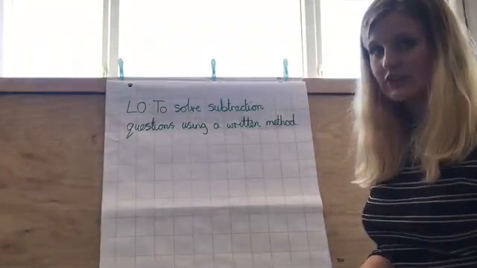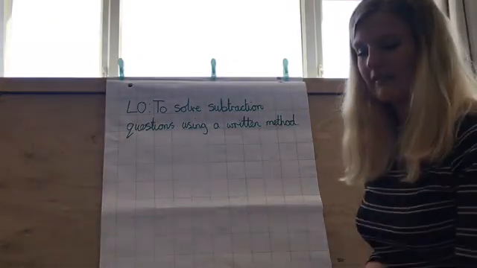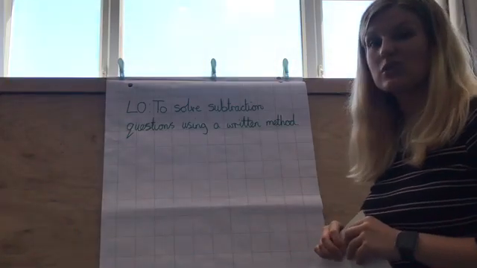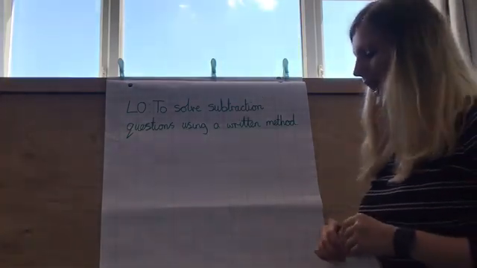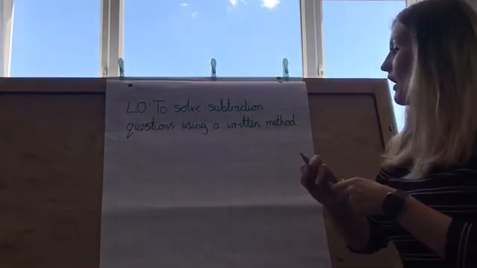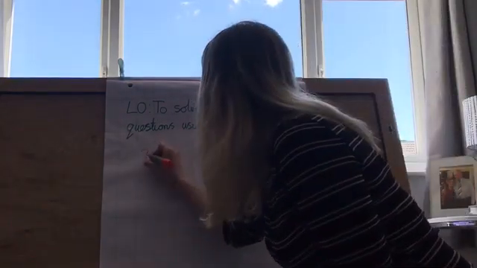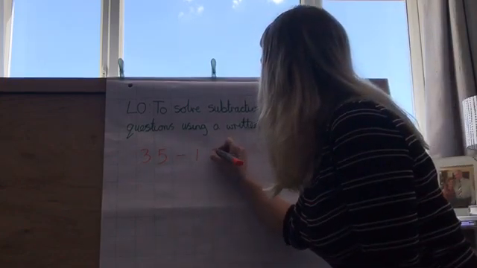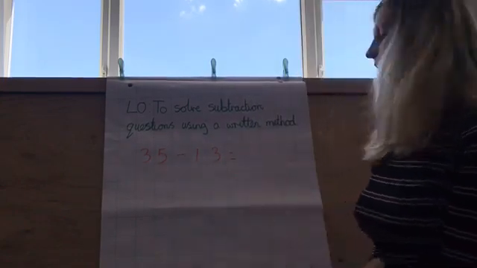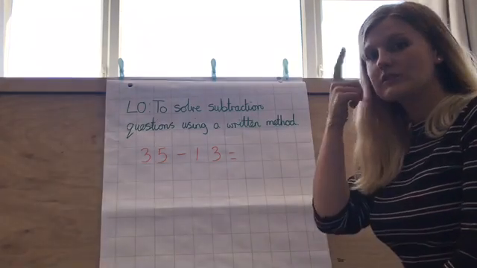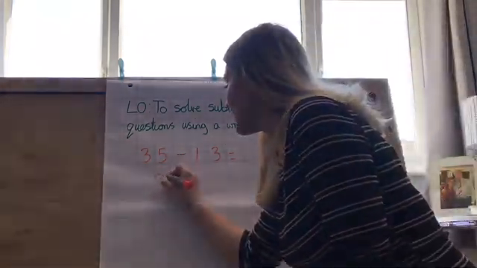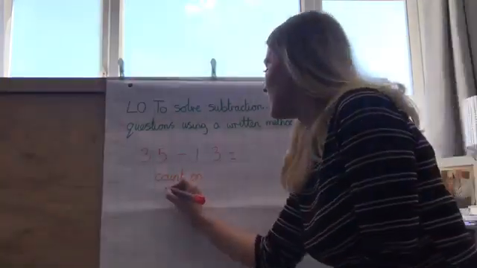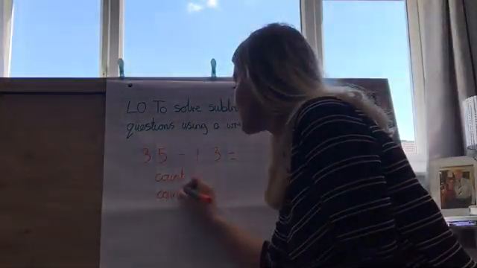Now, our mental strategies mean the strategies in our brain, okay? Without having to use a written method, what strategies could we use in our brain? Now, if we're given a question like 35 take away 13, we know we could use our brain to either count on or count back.